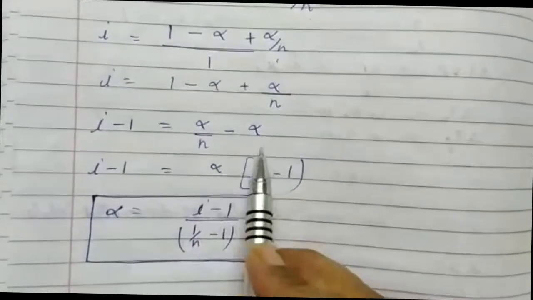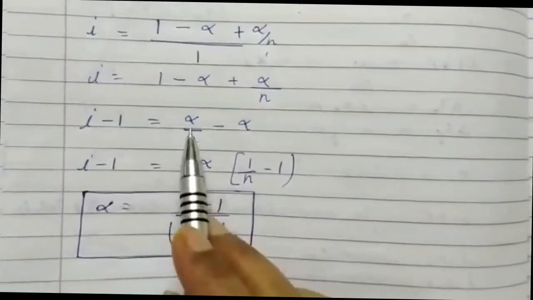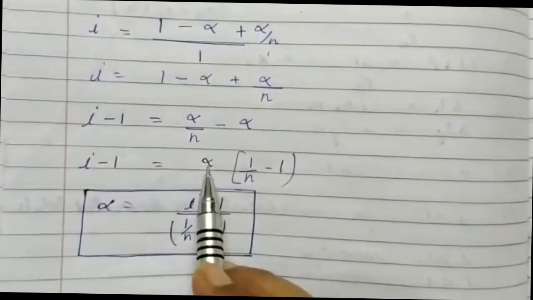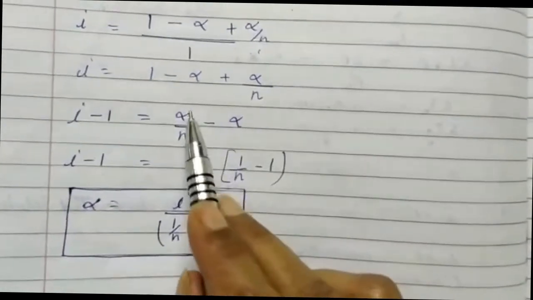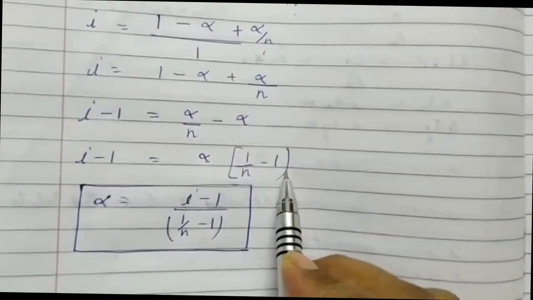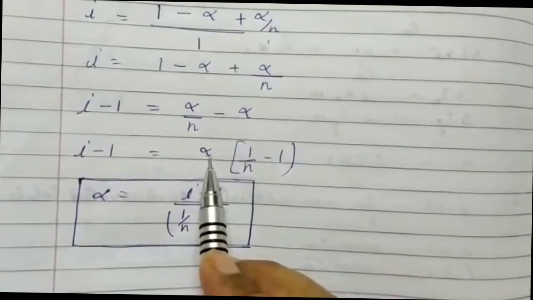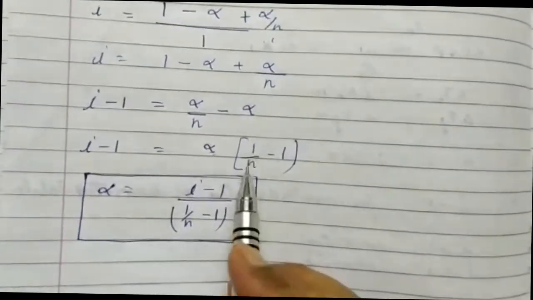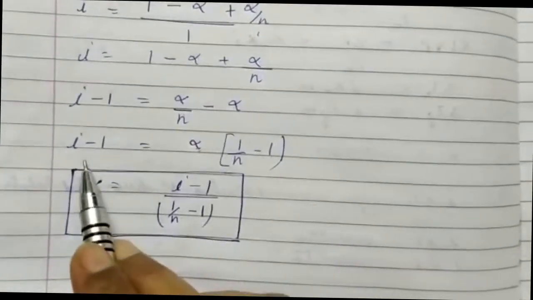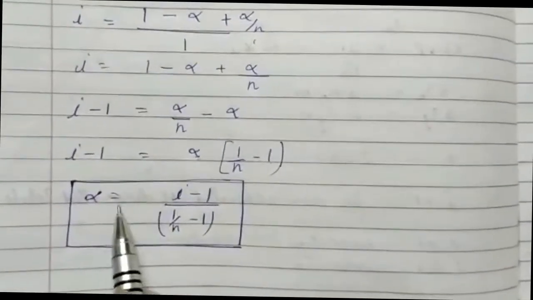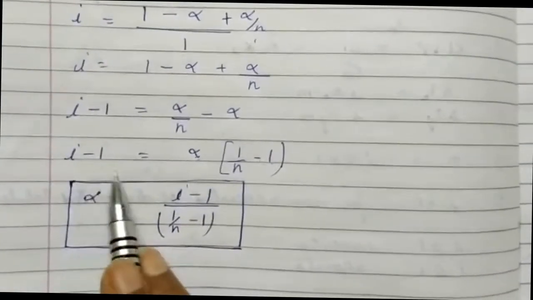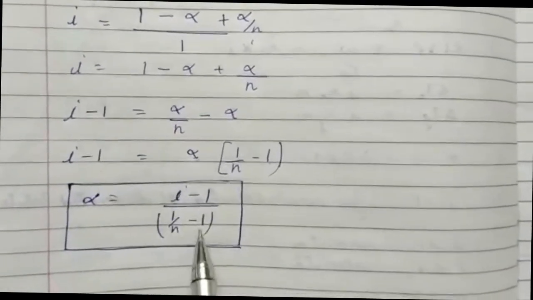We can write it like this: i minus 1 equals alpha, taking alpha common, times 1 by n minus 1. Now what will be the value of alpha? Alpha equals i minus 1, and 1 by n minus 1 goes into the denominator. So alpha equals i minus 1 upon 1 by n minus 1.